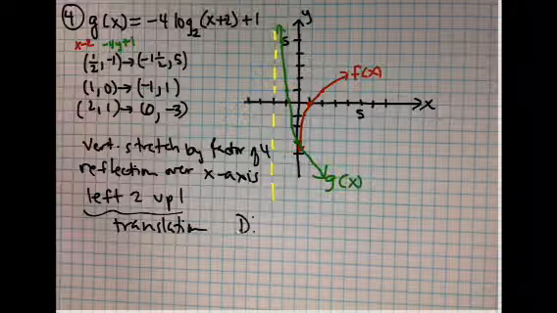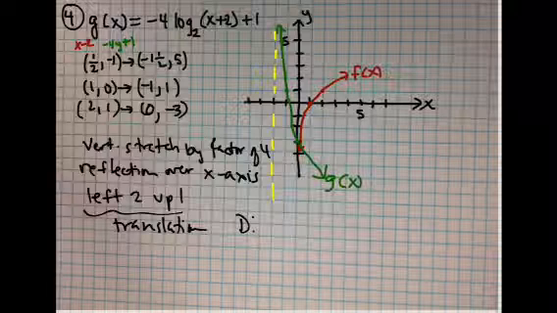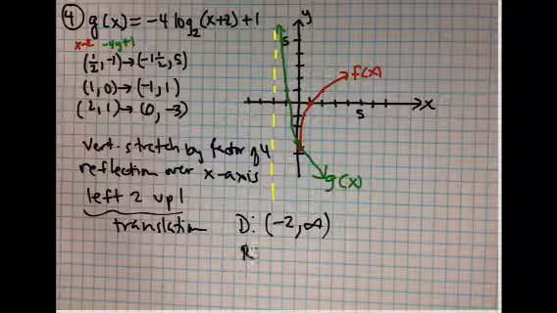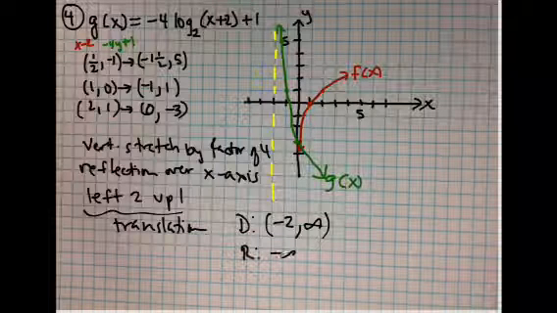The domain for g of x is from negative 2 to infinity, and the range is all reals.